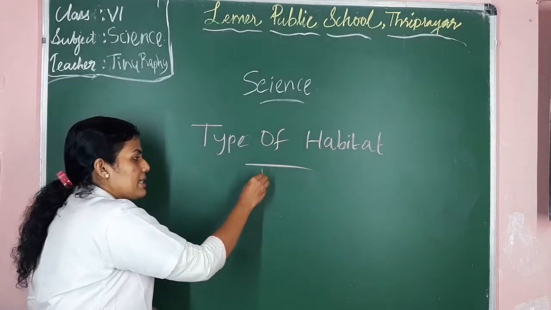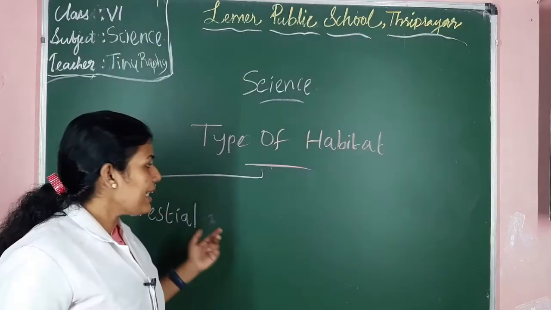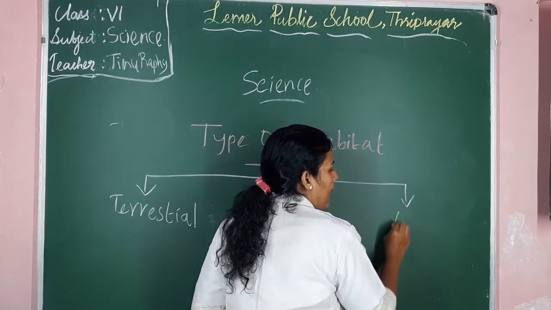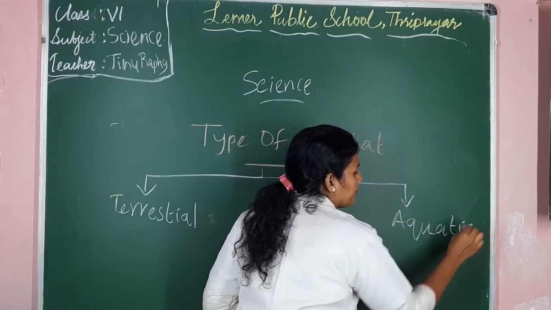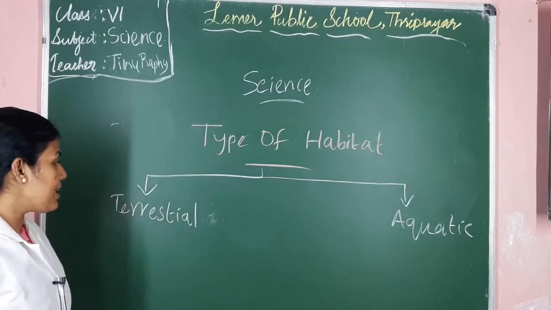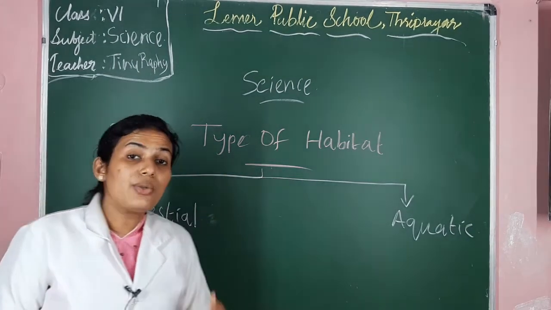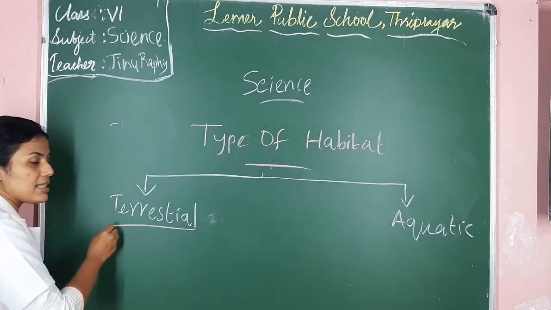The first one is terrestrial habitat, and the second type of habitat is aquatic habitat. In today's class, we will learn one example for terrestrial habitat.